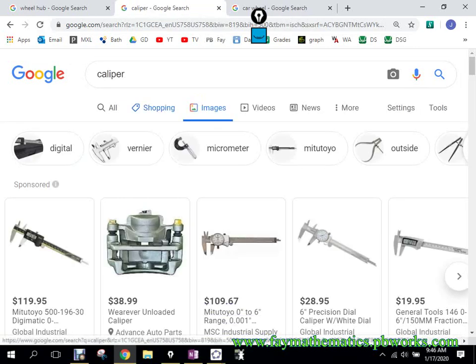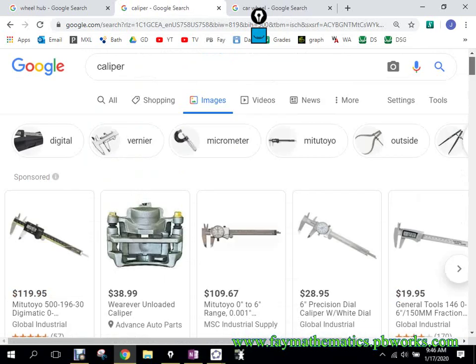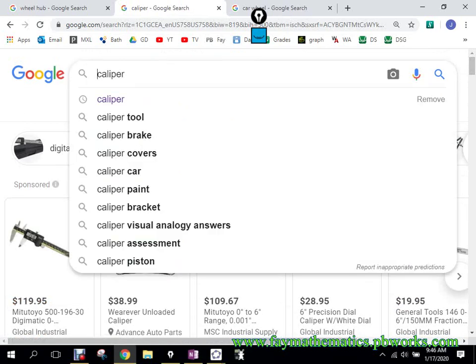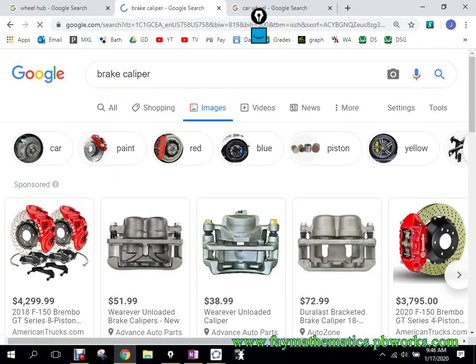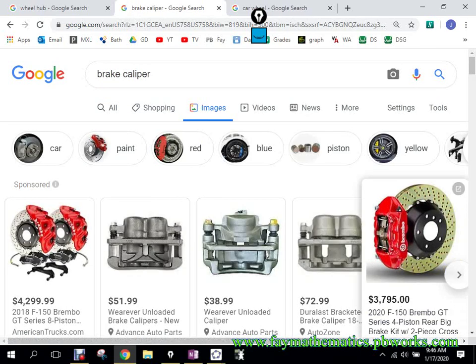Let's talk about the brake caliper. You attach one of these brake calipers like this to it. Inside that brake caliper are hydraulic pistons that your brake fluid controls, and it squeezes that rotor. Does that make sense? So it creates friction, squeezes that rotor, and it makes your wheels stop.